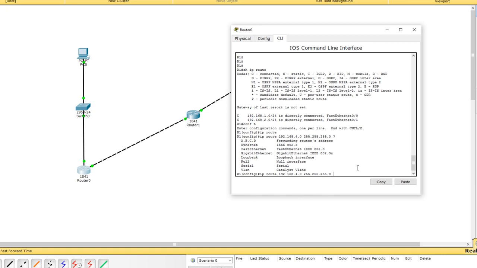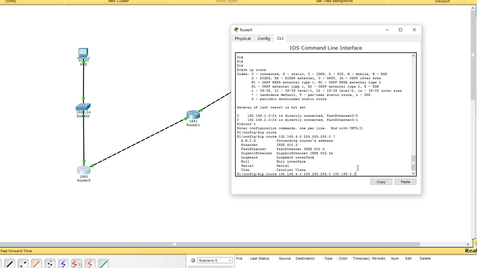The next hop IP address is 192.168.2.2. Now the question should be, which is the best? Both are really good, but ideally on a broadcast network like Ethernet, it is best to use the next hop IP address. But if you're using, let's say, point-to-point networks like frame relay, in that case, you could use the exit interface, right?